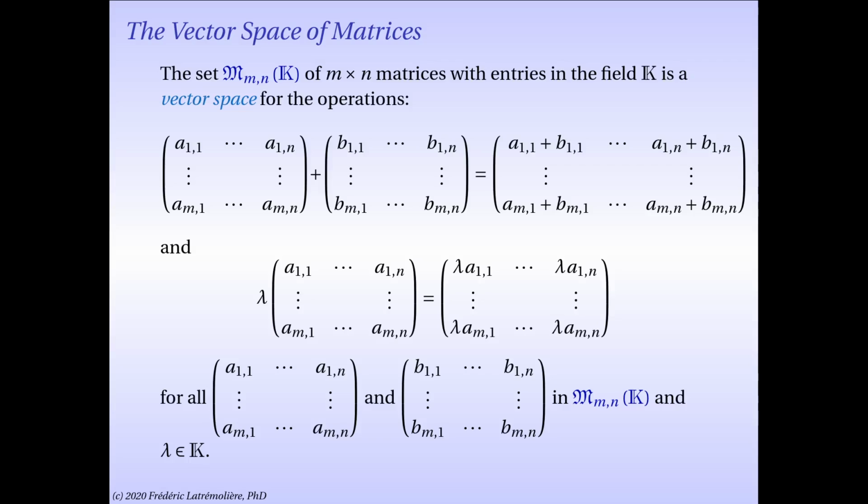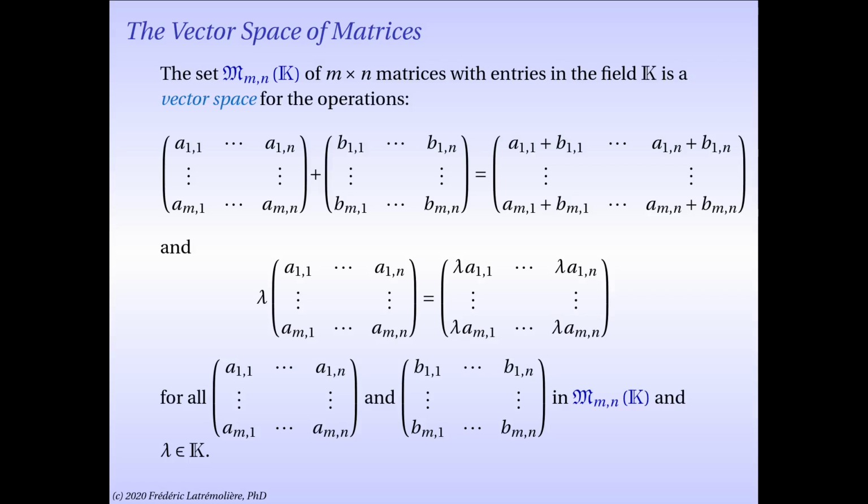Thus, it has a natural vector space structure, where the operations are entry-wise. Thus, we add two m by n matrices simply by adding their entries, and we scale an m by n matrix A by a scalar lambda by multiplying each entry of A by lambda.